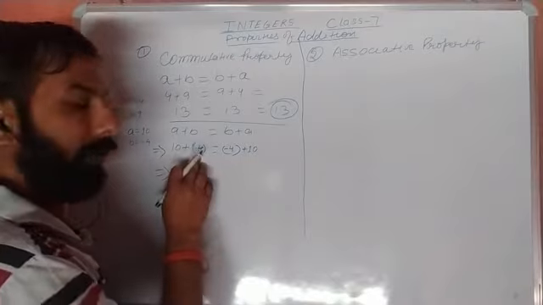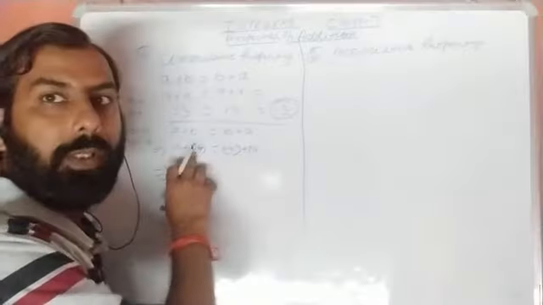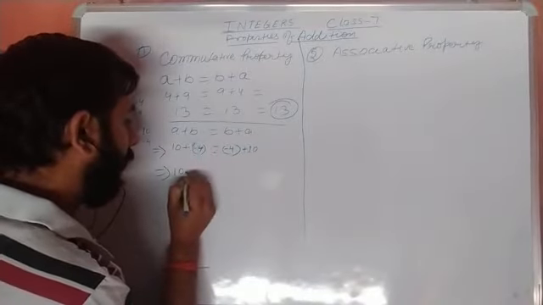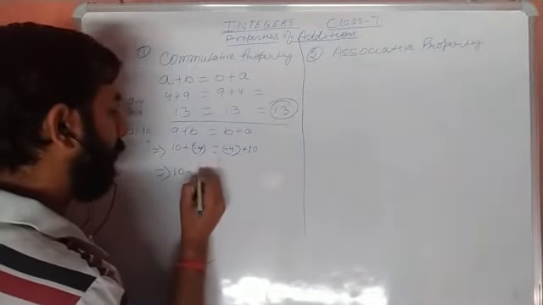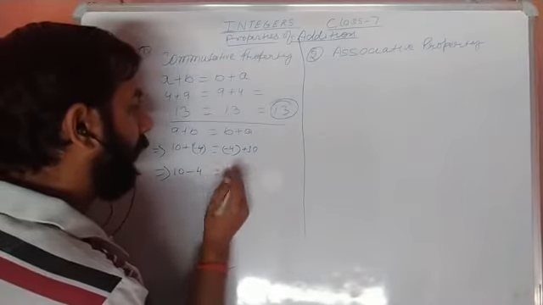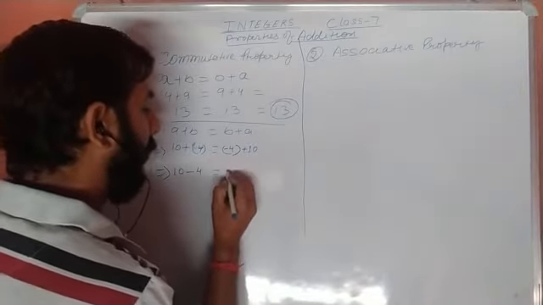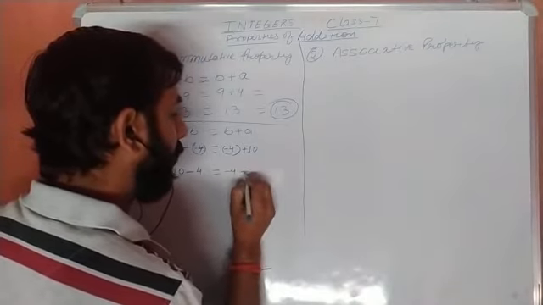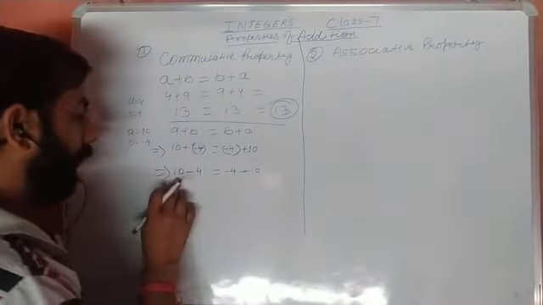Here plus minus. In the last video I taught you that plus minus will be minus. So 10 plus minus 4, here it will be minus 4 plus 10.